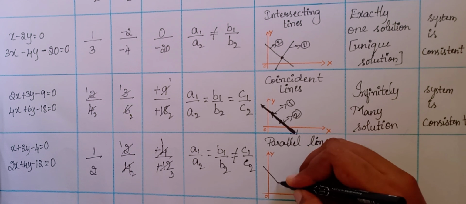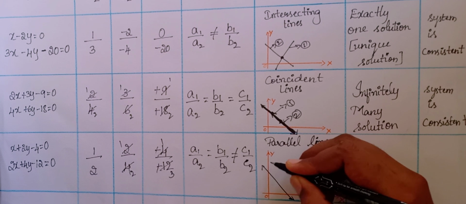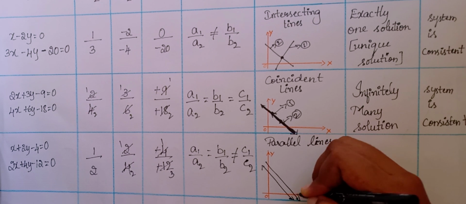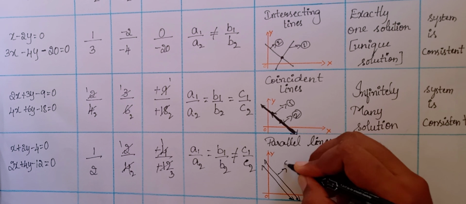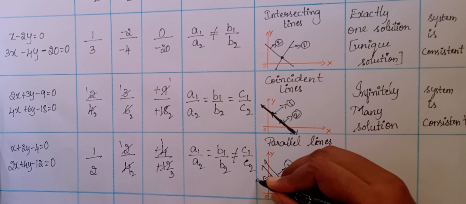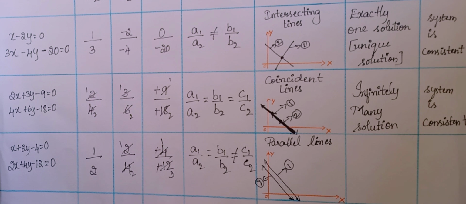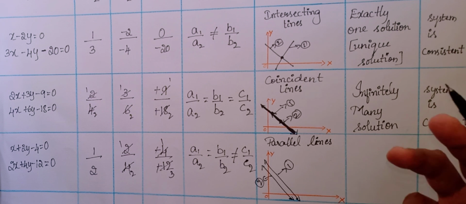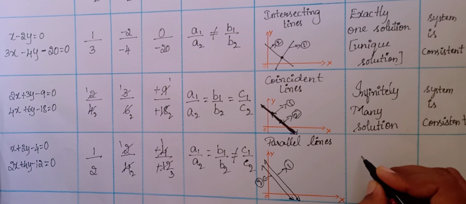So we will draw and check, because parallel lines means there is an equal distance between each other. This is equation 1 and this is equation 2. If we get parallel lines, they are not connecting anywhere, because they are going separately. They will never touch each other. So therefore we can say no solution.